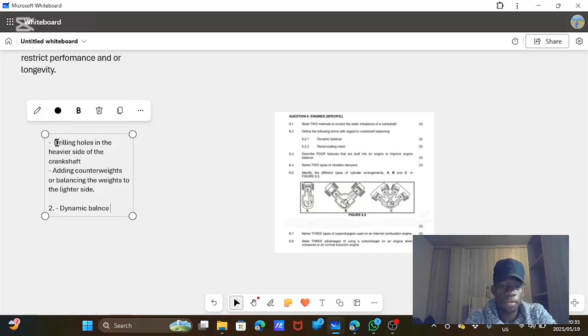It refers to balancing the crankshaft while it is rotating.